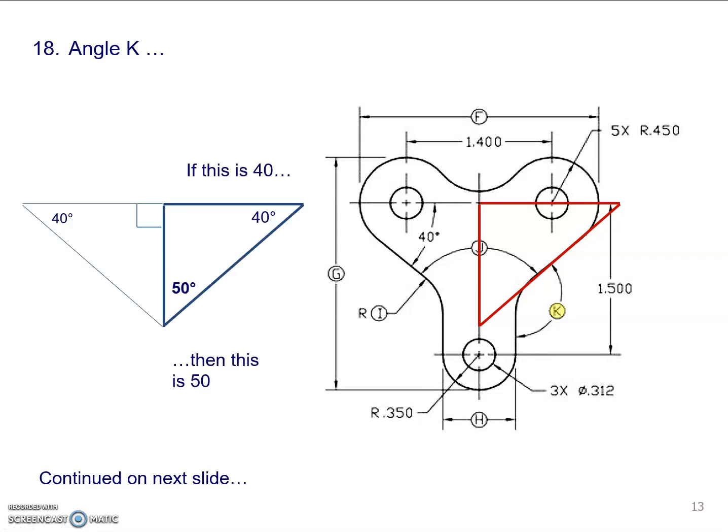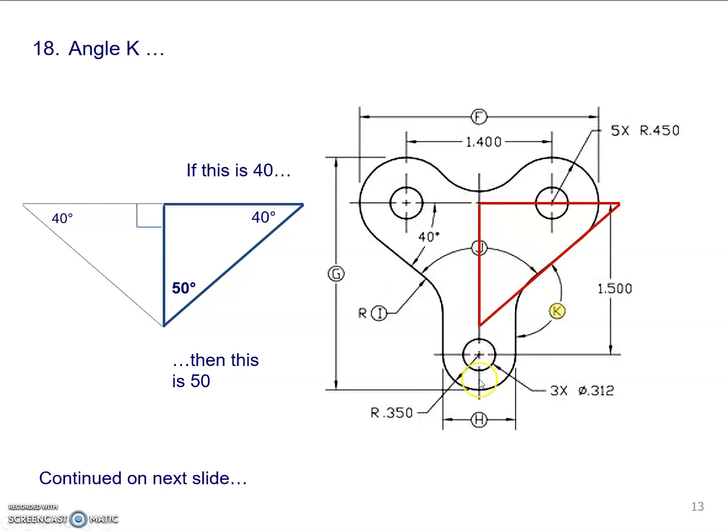And hopefully in that previous question, you figured out that this angle down here was 50. 50 on one side, 50 on the other side, which made J 100 degrees. All right, so here's this triangle, 40, 90, 50.